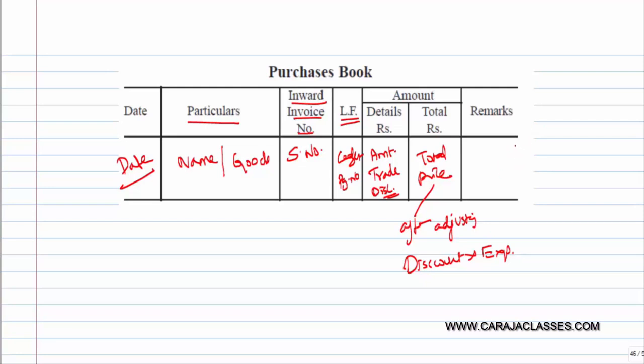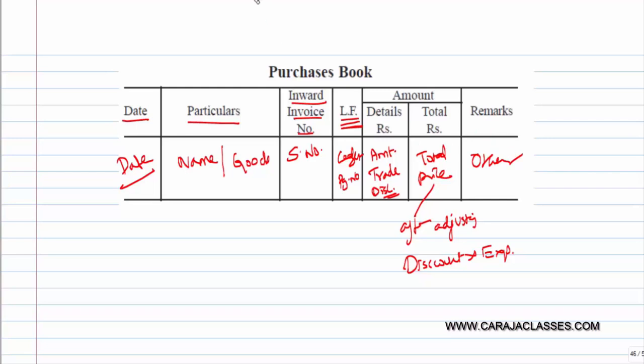So this is how a typical purchase book will look, with provisions for date, particulars, inward invoice number, ledger folio, then the detail amount, the trade discount, the total amount and the remarks for other information.